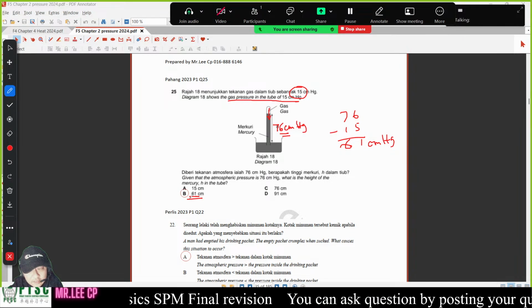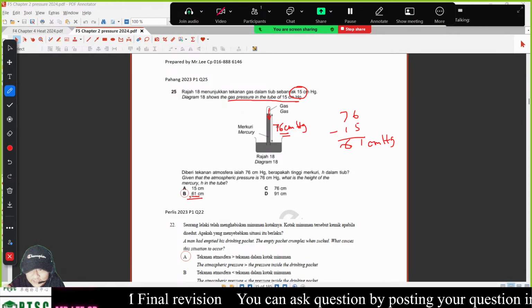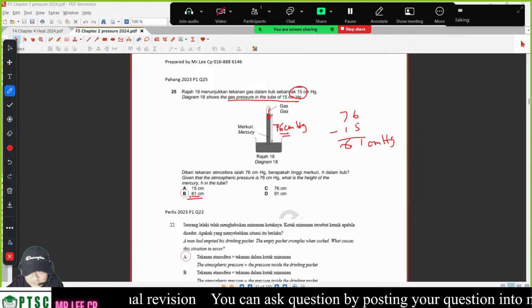Do you still remember the two factors that cause the length of the mercury column to be decreased? What are those two?